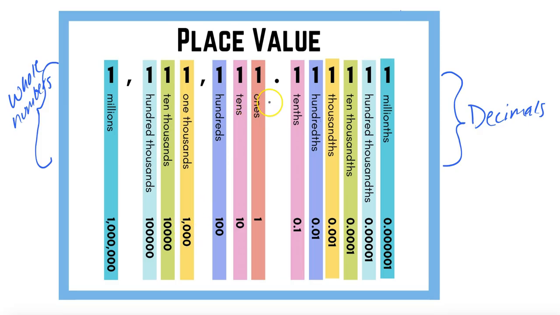Okay. Let's also notice another thing. On the whole number side, we have a separation with commas. Why is that? We simply use it to make our lives easier and to be able to read the amount a lot faster and in a much easier way. How do we know where the comma goes? The comma will go after every 3 digits.